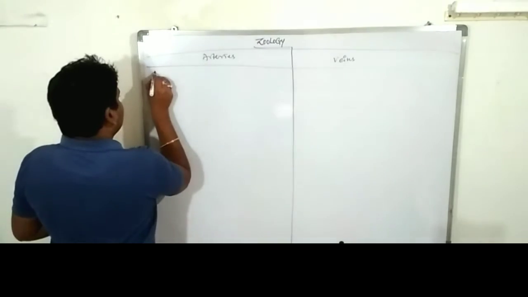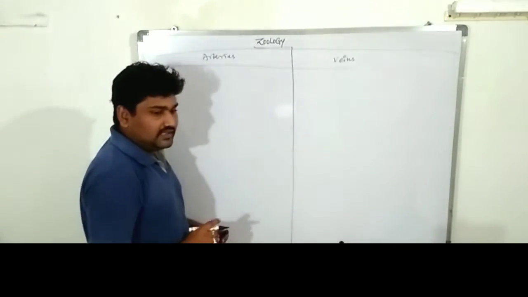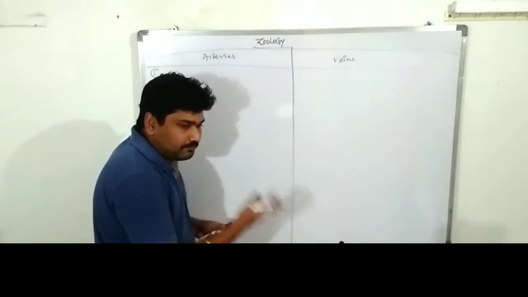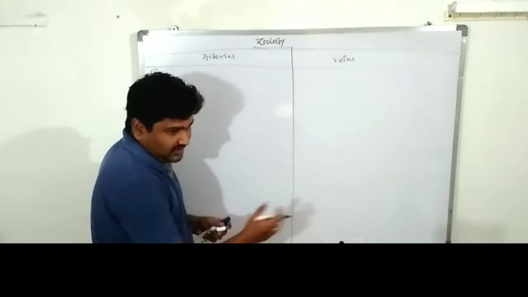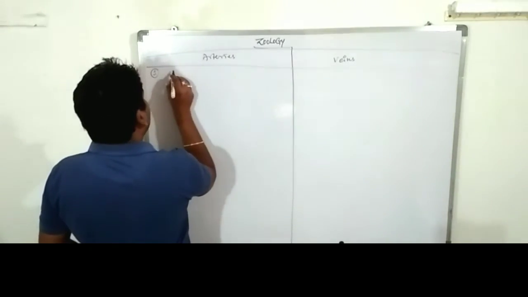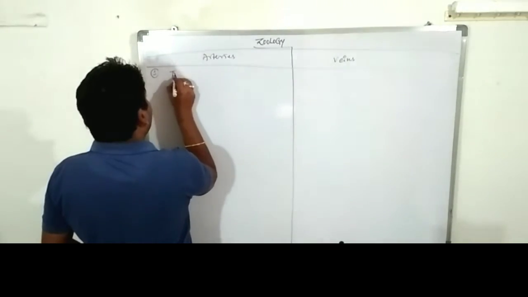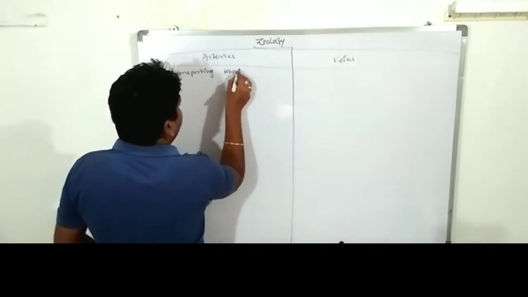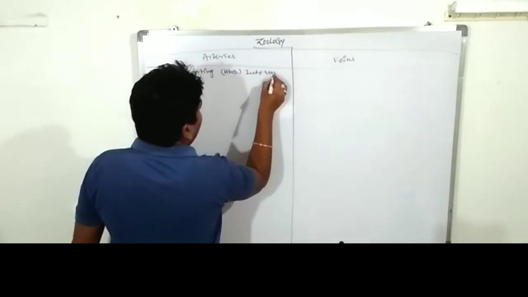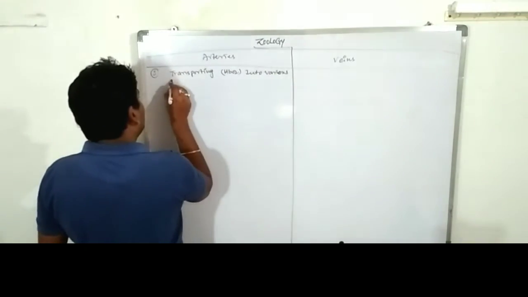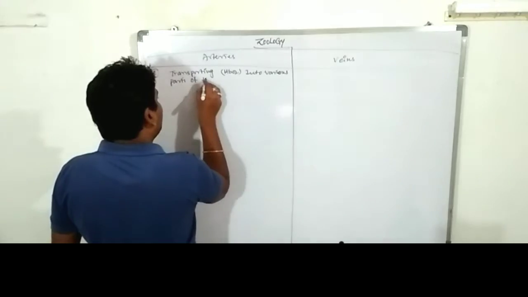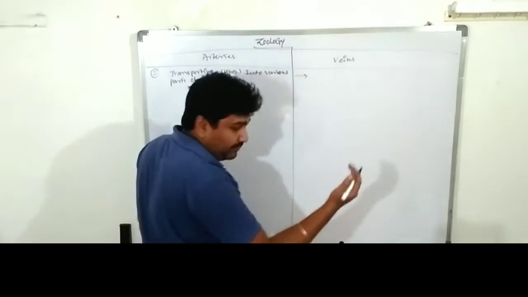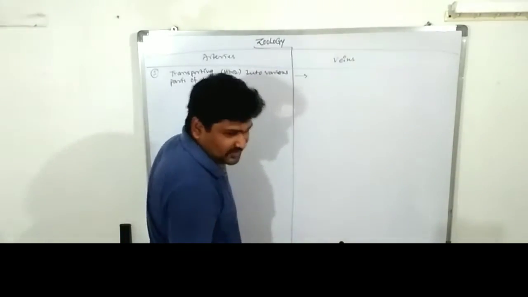So first one: the arteries transport, passing the blood from the heart into various parts of the body. These transport oxygenated blood into various parts of the body. Veins bring deoxygenated blood from the various parts of the body.